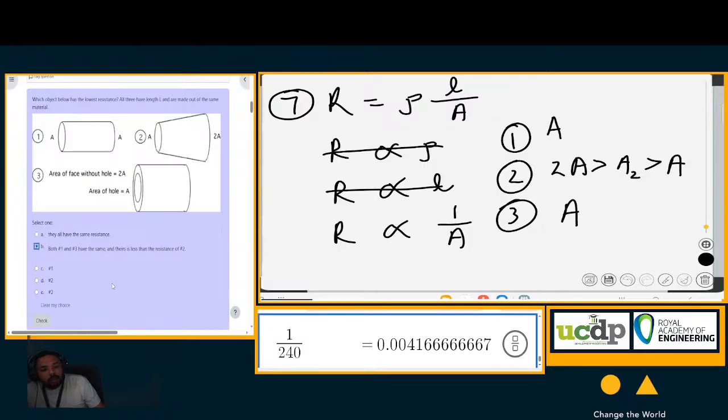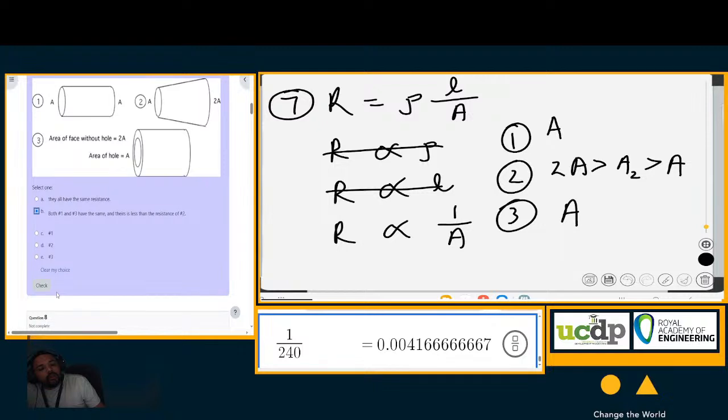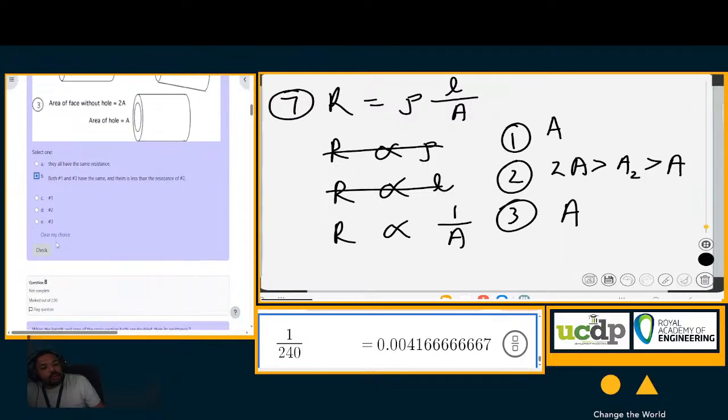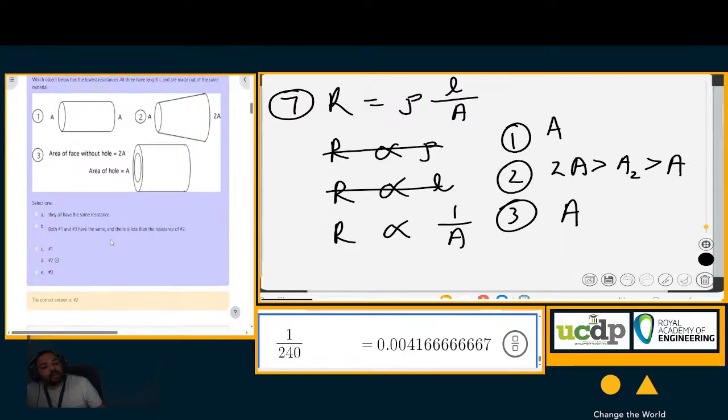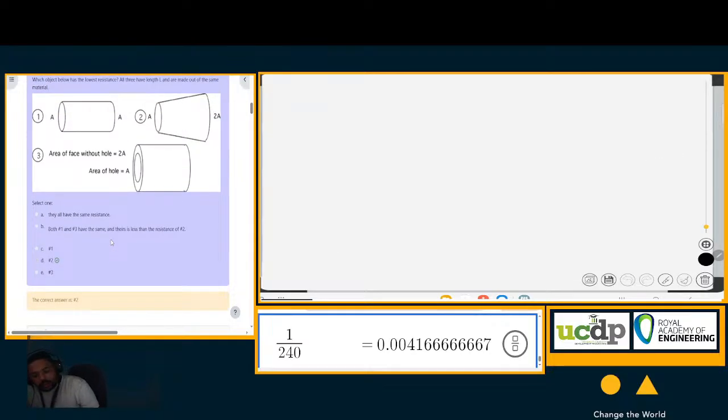I will go with B. C is number 1, it can't be. D is number 2. E is number 3. Let's just go for number 2. The answer is correct. It is number 2. It will have the lowest resistance, excuse me.